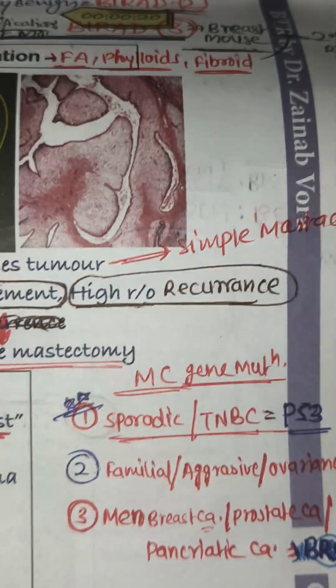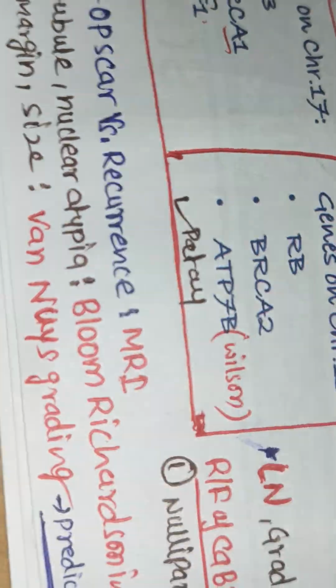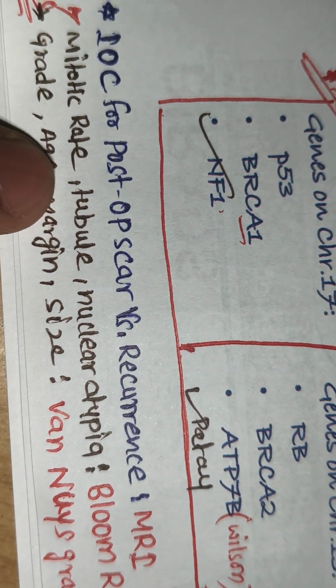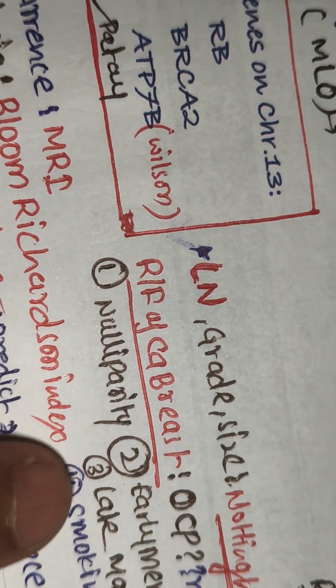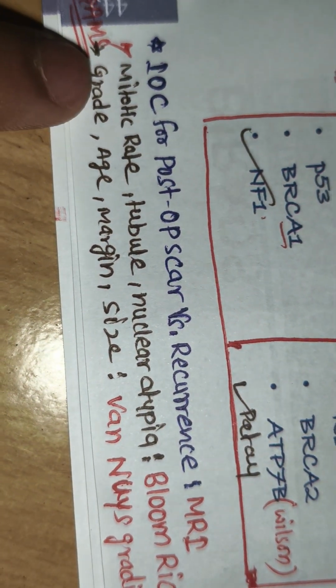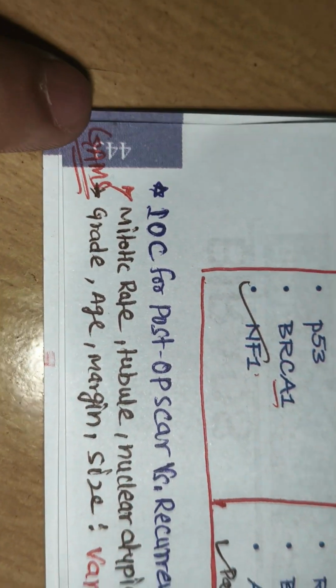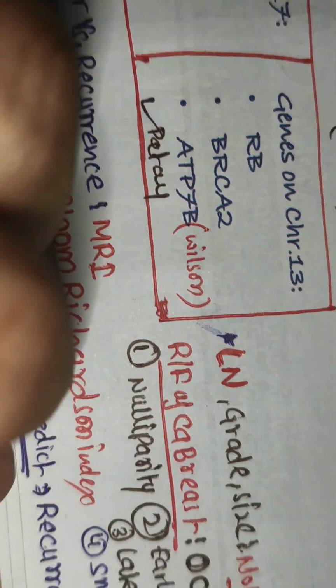And here we can see mitotic rate, tubule formation, and nuclear atypia seen in the Bloom Richardson index, and grade, age, margin or size games, the Van Nuys grading.